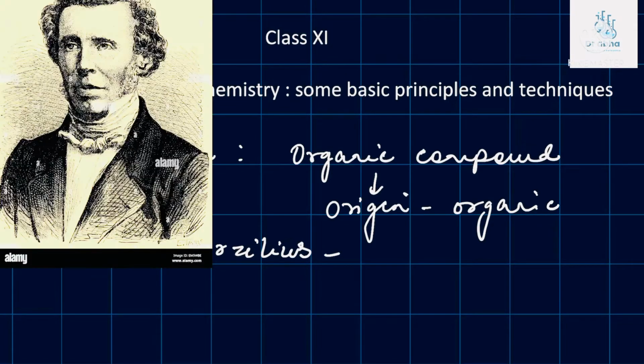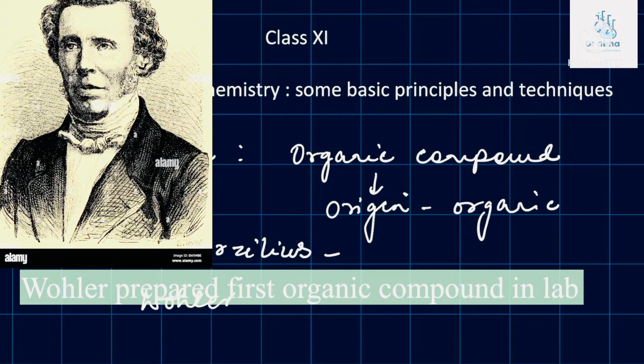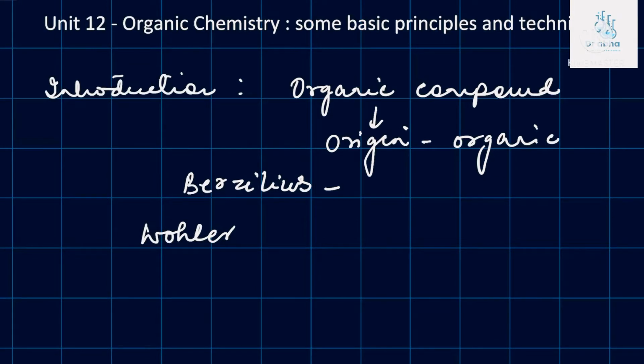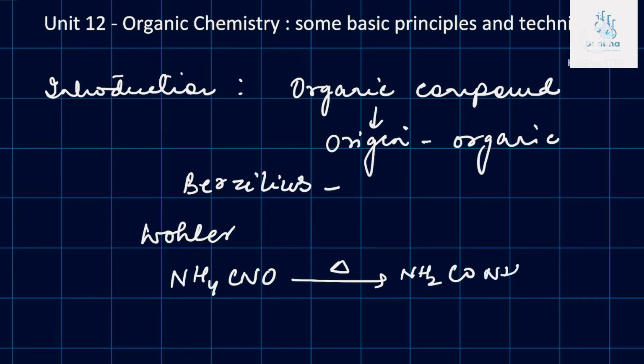Now what Wohler did was, Wohler ने बना के दिखाया. He actually prepared the organic compound called urea with the help of ammonium cyanate. So he took some ammonium cyanate and उसने इसको heat किया and then he prepared urea. और ये जो यूरिया था, this was an organic compound.